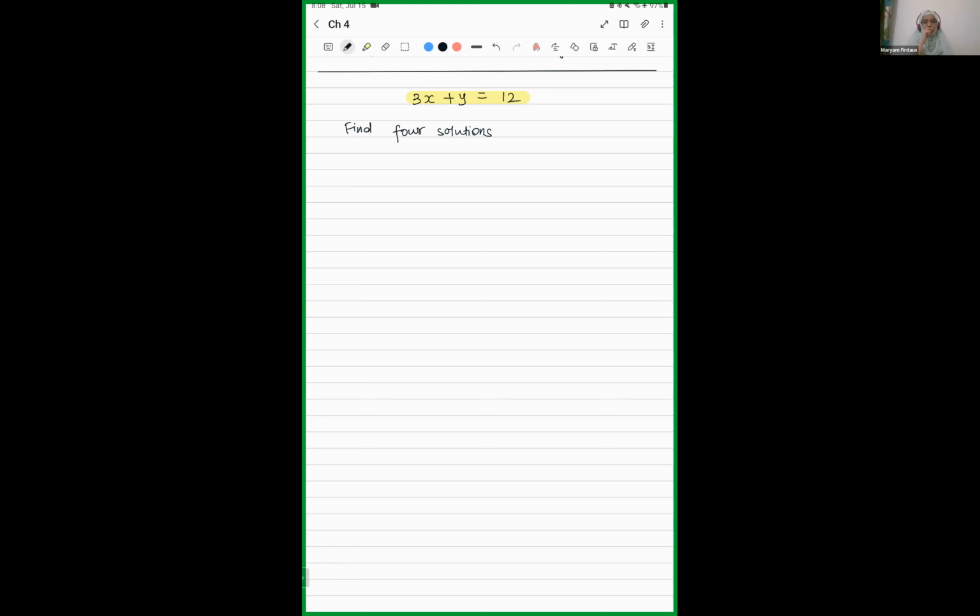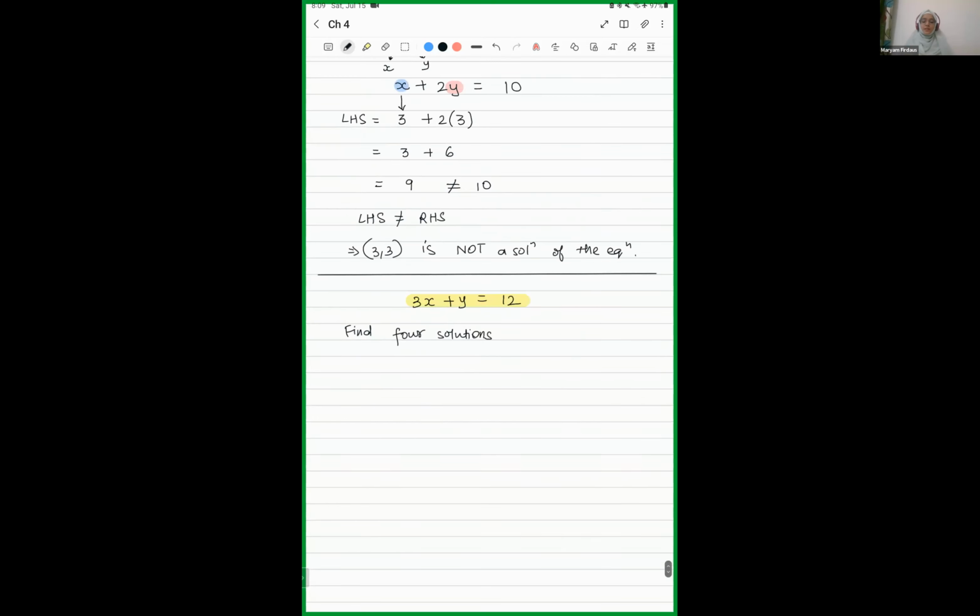Two. Two solutions? That's it? It's only going to have two solutions? What did we discuss in the previous class?